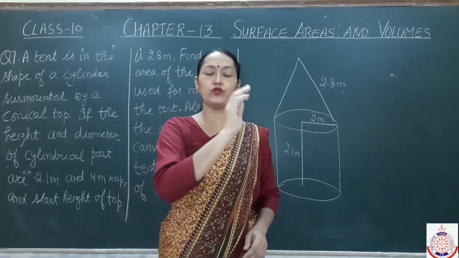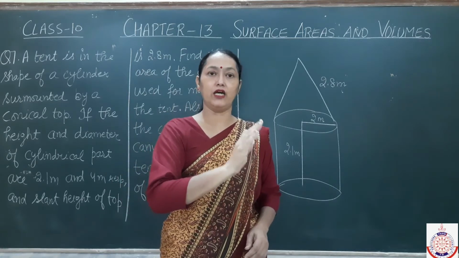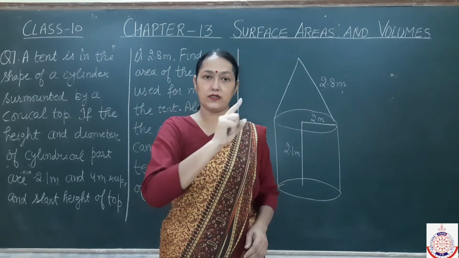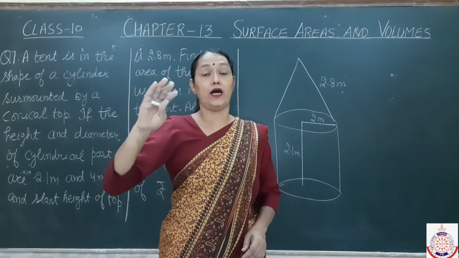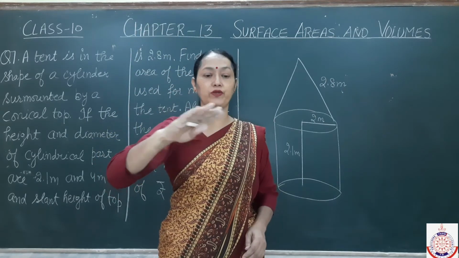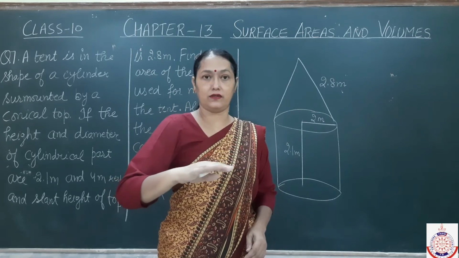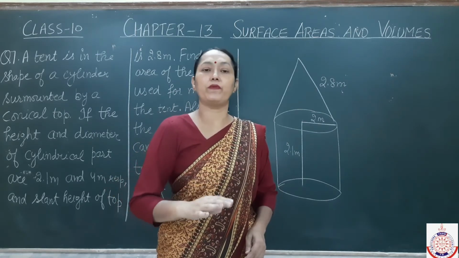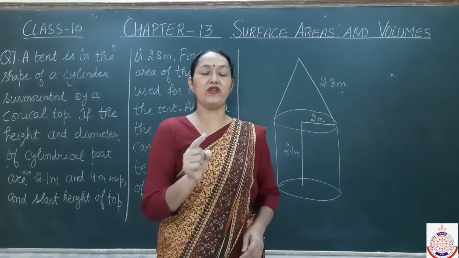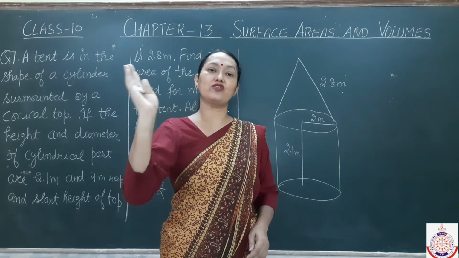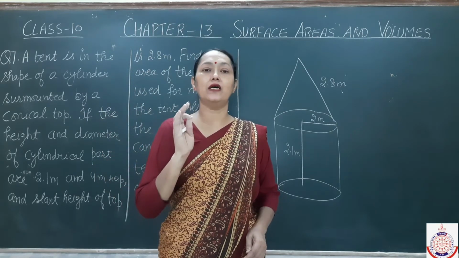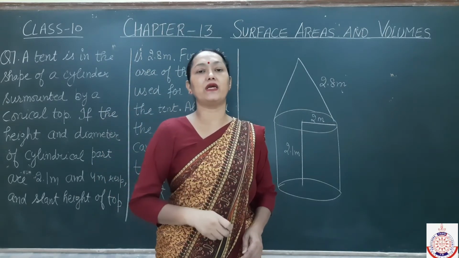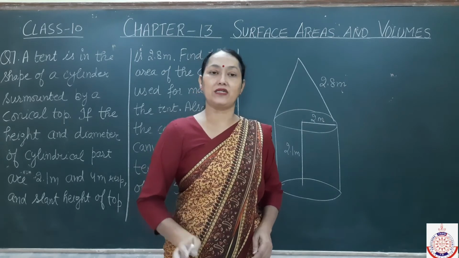Canvas is required only for the curved surface area, so CSA for the cylinder and CSA for the conical top. Remember, this canvas will not be used on the floor. So we only calculate the CSA of the cylinder plus the CSA of the cone, which will be the area of canvas required for the complete tent.